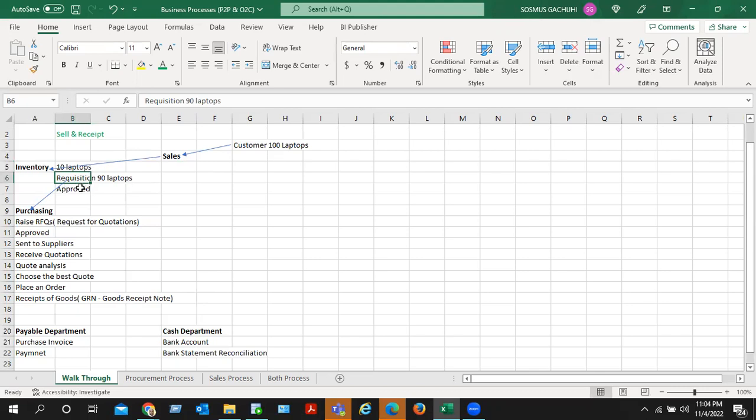Once the inventory department has settled with the sales department that they can place a requisition to add more laptops, they raise a requisition. A requisition is the willingness or an expression to acquire more goods in the organization's inventory, to restock.